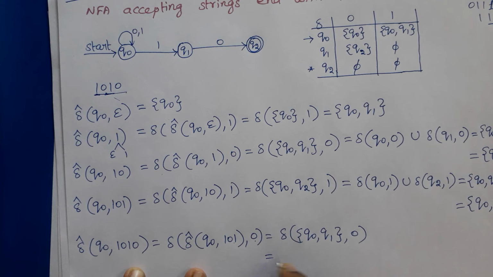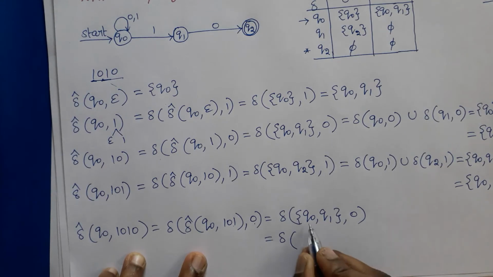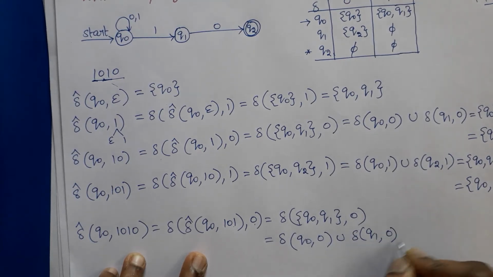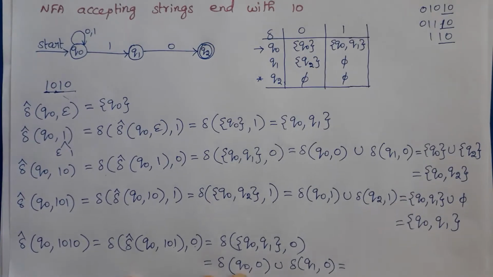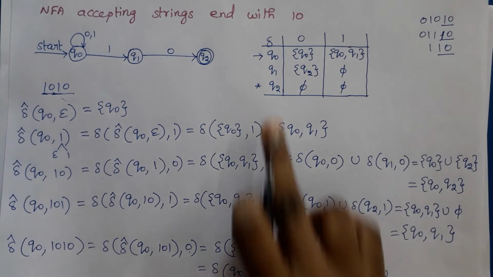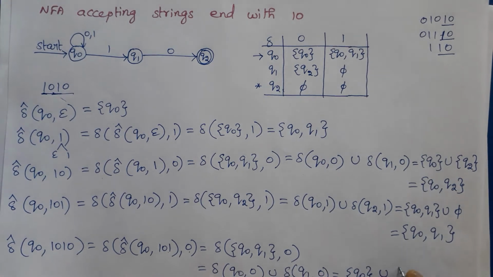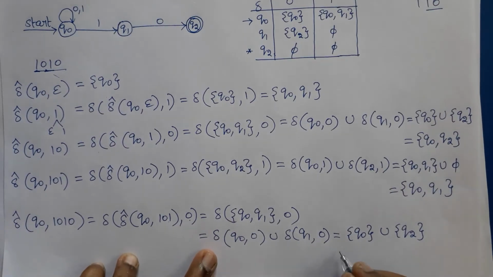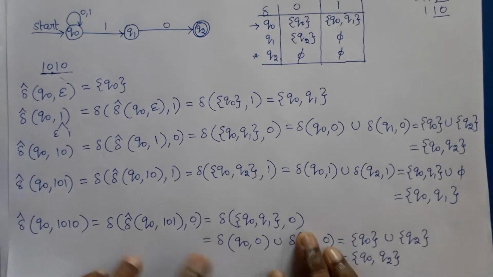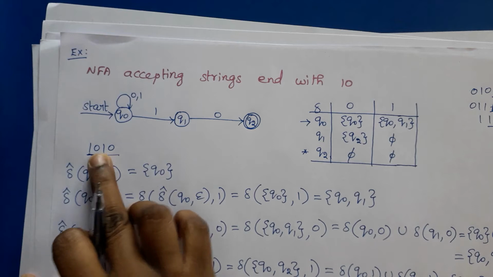So this can be written as delta of q naught 0 union delta of q1 0. So q naught 0 is q naught union q1 0 is q2. So the result is q naught comma q2. That is for 1 0 1 0.